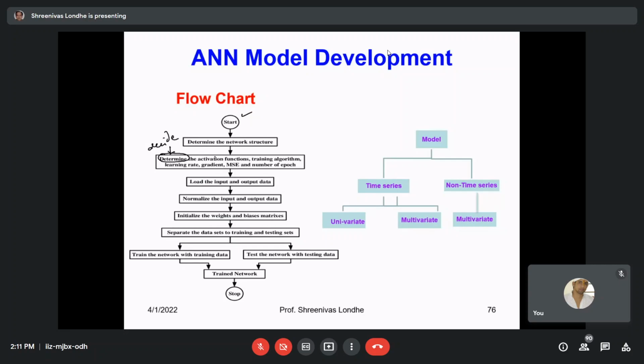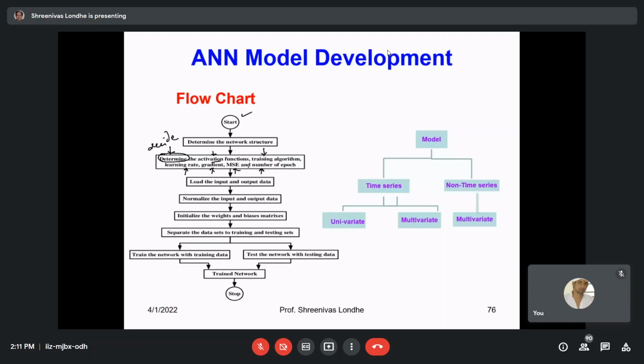There are different activation functions. Activation function means actually the transfer functions which we have seen. We should also decide which training algorithm we are going to use. Then the learning rate, gradient, mean squared error, and the number of epochs. These decisions we need to fix, and we need to develop our neural network.